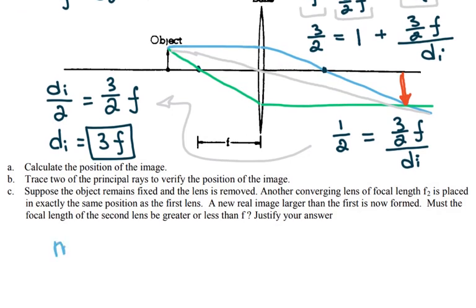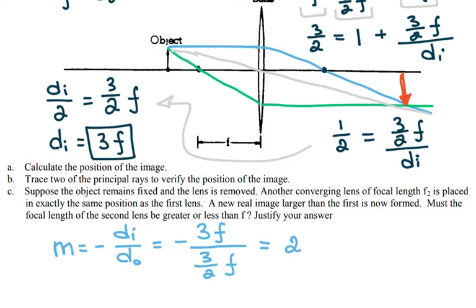So I'm going to calculate the magnification of the first lens. The magnification of the first lens is going to be negative di over dO, and I get negative 3f, the position of di that I just found, over dO, and dO is 3/2 of the focal length. So that gives me the magnification is 2, and that is for the first case.